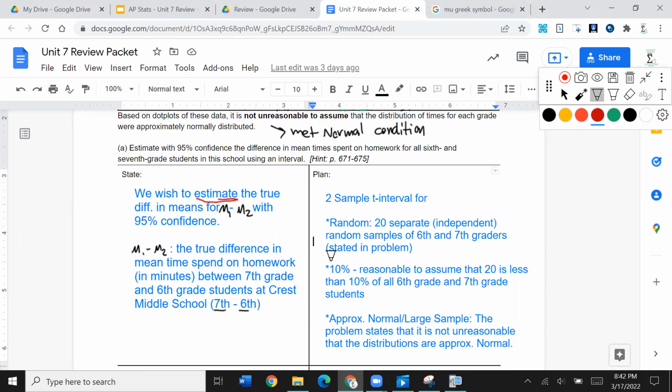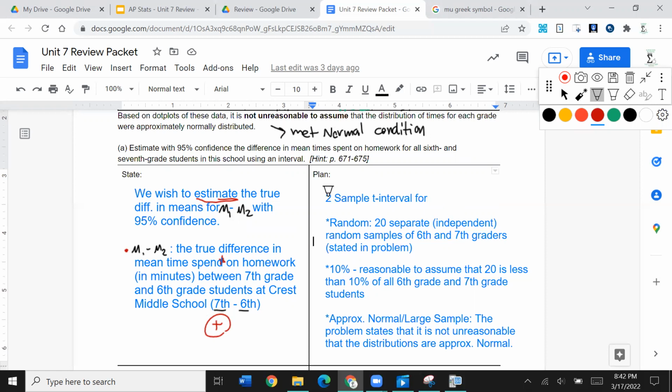And I defined what that was: the true difference in mean time spent on homework in minutes between 7th grade and 6th grade students at Crest Middle School. I did 7th minus 6th to show direction, and I picked that direction just to keep the interval positive. If you did 6th minus 7th and got a negative number, then just roll with that.